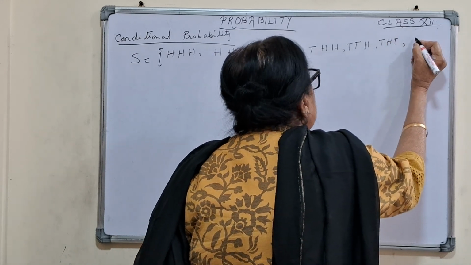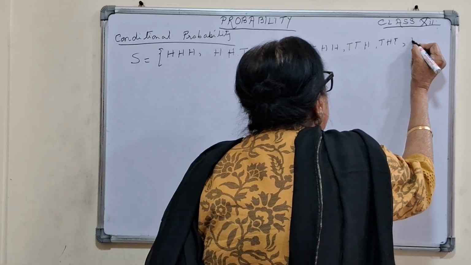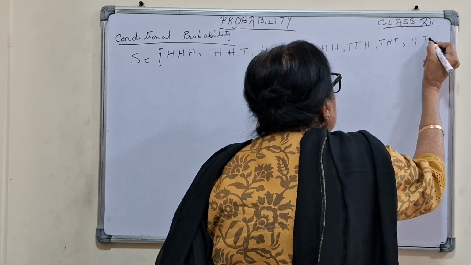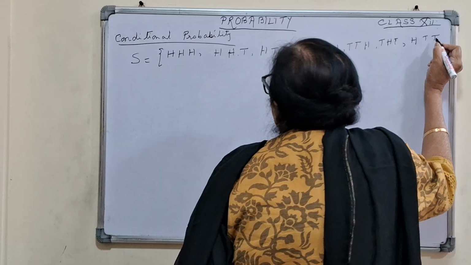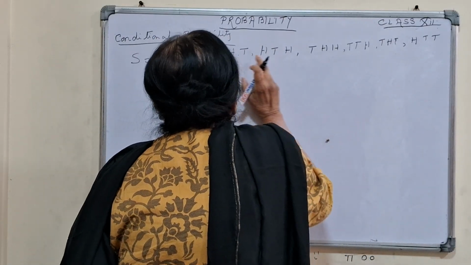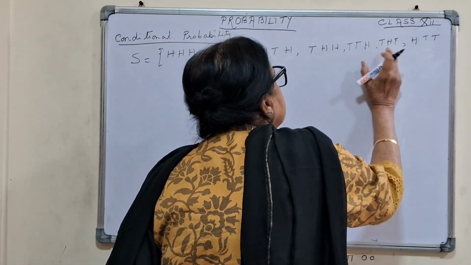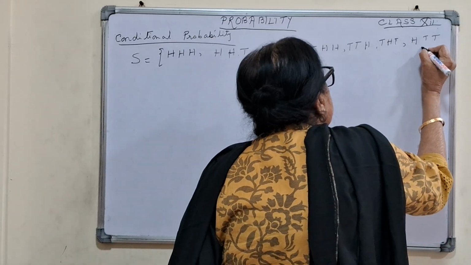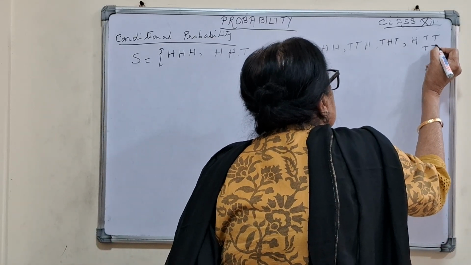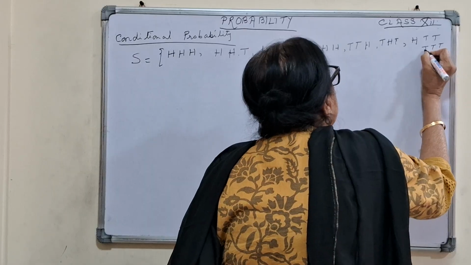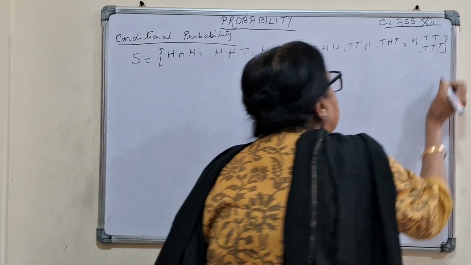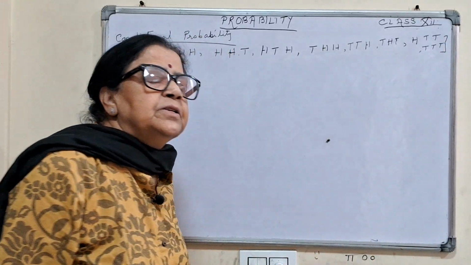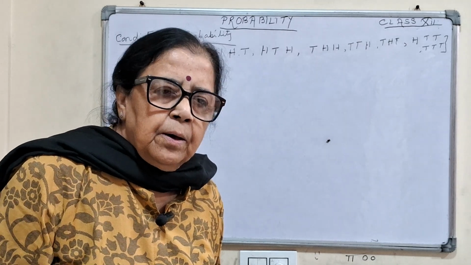How many are there? 1, 2, 3, 4, 5, 6, 7. One more we are left, that means all tails: tail, tail, tail. That is 8 events we have.